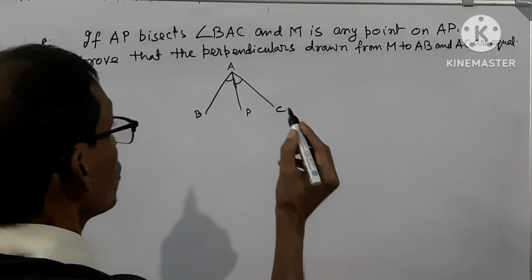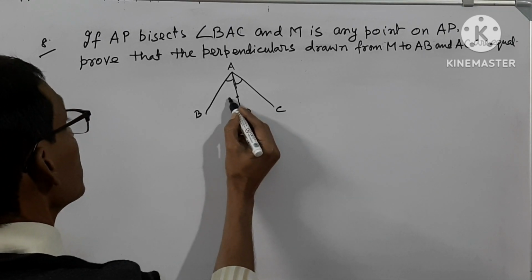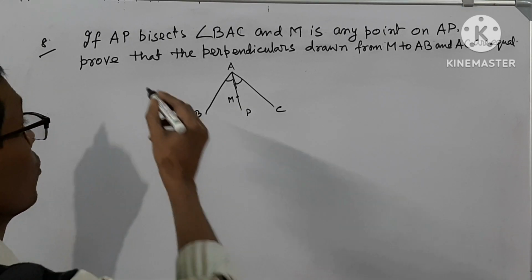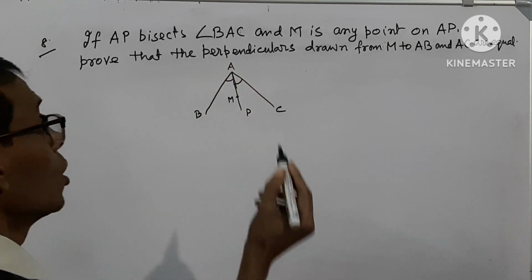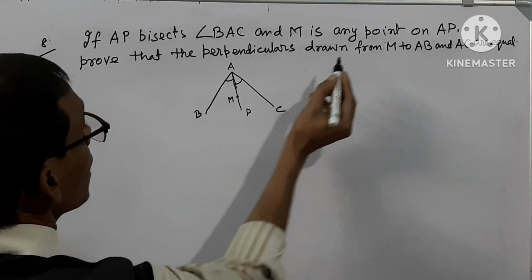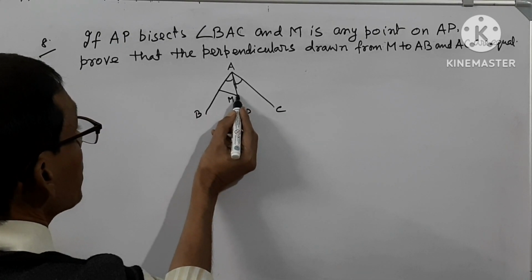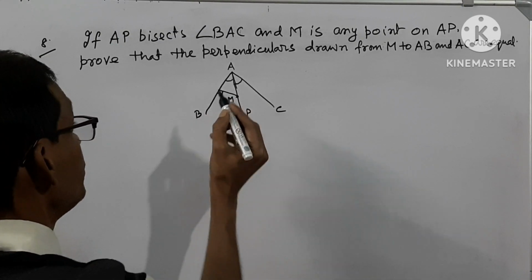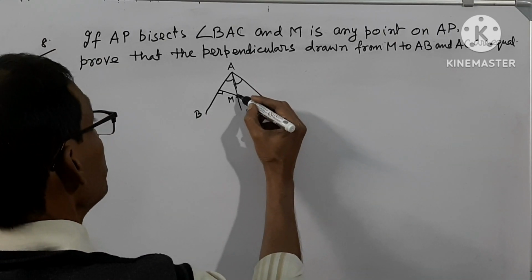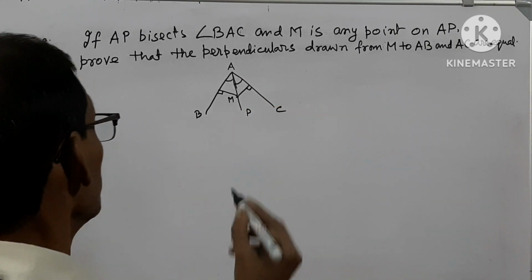M is any point on AP. Let M be any point on AP. Prove that the perpendiculars drawn from M to AB and AC from the same point M are equal.